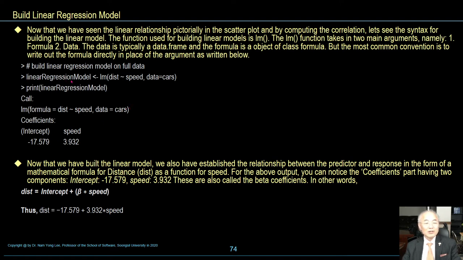Linear regression model equals LM, distance. Distance means the dependent variable, and the independent variable is speed. Data is the cars data set.